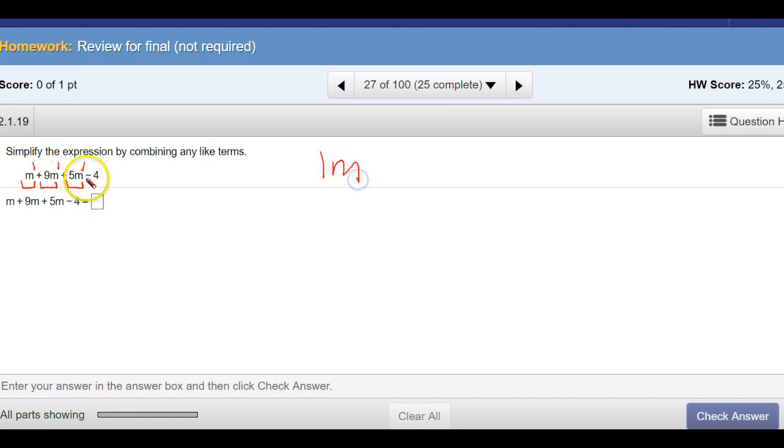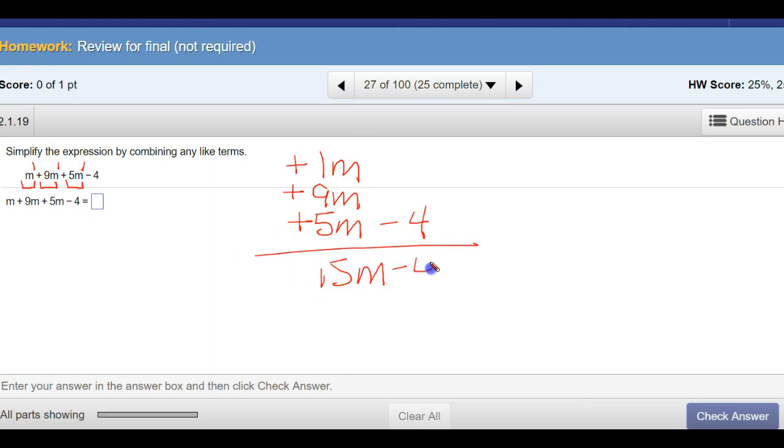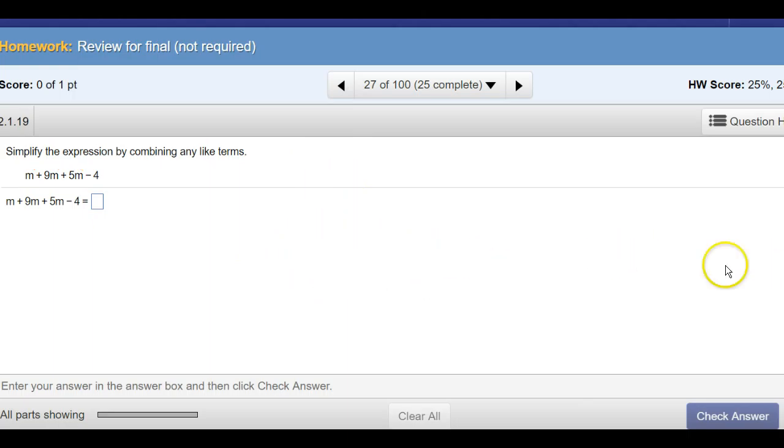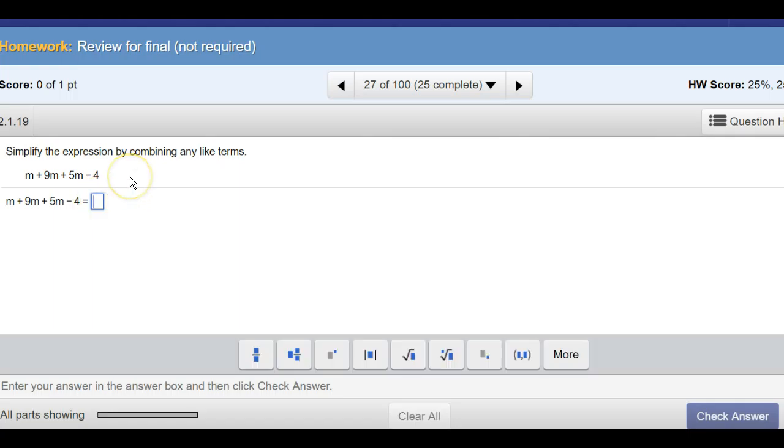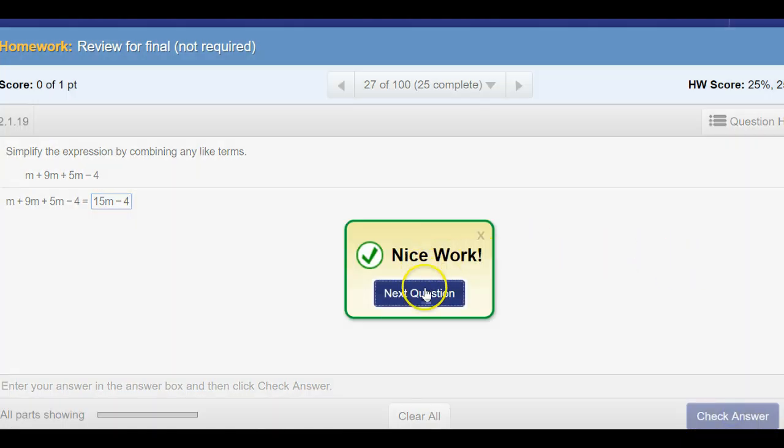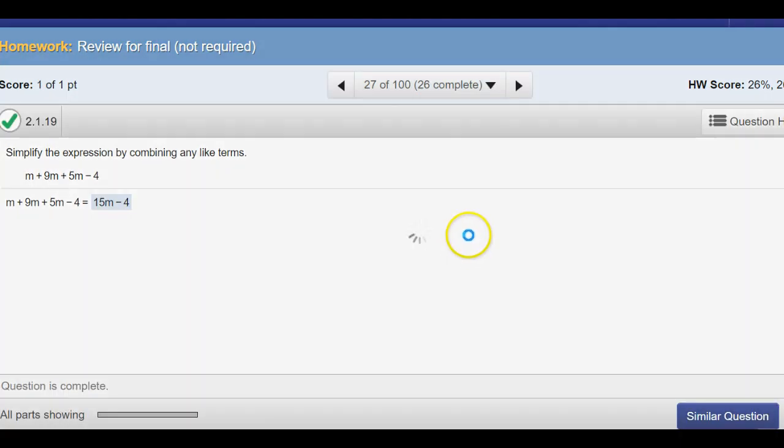We have a 1m, we have a 9m, we have a 5m, and these are all plus, and we have a negative 4. So this is 10, 15, 15m minus 4. And you're looking for a strategy that will work for you.